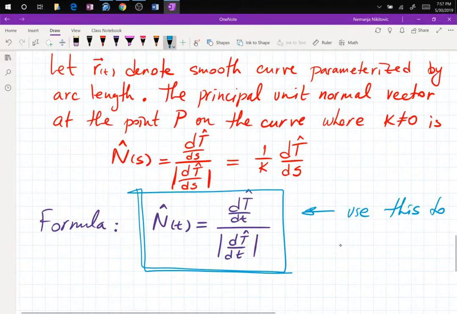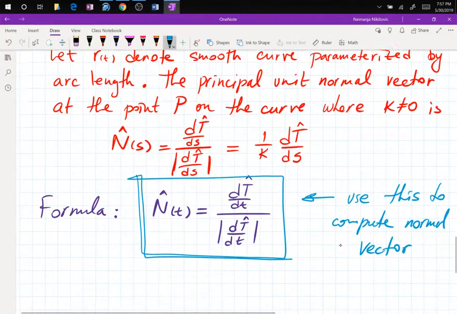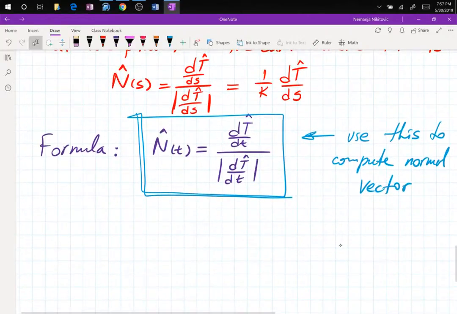Use this to compute the normal vector. Now this can be really annoying very fast, because we need r, then we need r prime, then you need to compute T, then you need the derivative of T, right? So a lot of derivatives can get very nasty very fast.